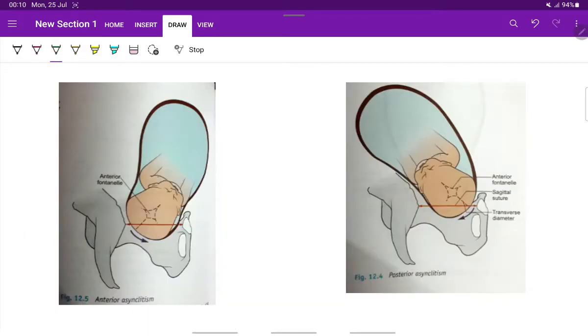Sometimes there will be slight deflection during the engagement, either anteriorly or posteriorly. That is called asynclitic engagement, which is of two types, anterior and posterior asynclitism.